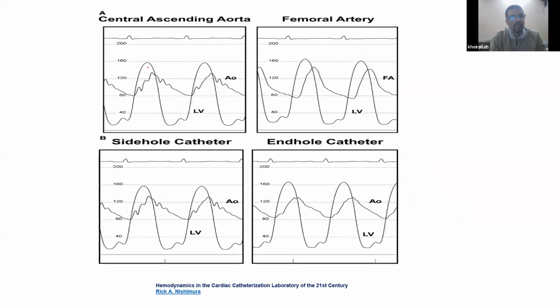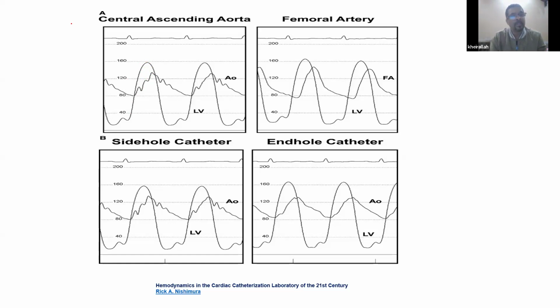They should not separate in systole. They separate in diastole, physiologically, but in systole, the peak aortic pressure should be equal to the peak left ventricular pressure. So if there is a difference, what does this difference indicate? LV pressure is higher than the aortic pressure. So I'm dealing with a case of aortic stenosis. Yes. So this is aortic stenosis.